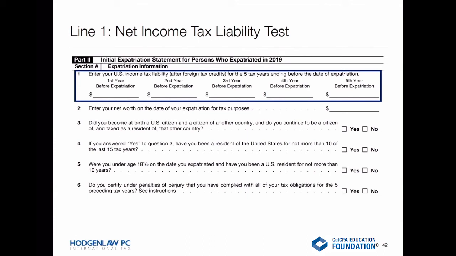It doesn't make you compute the average, but that can be done pretty easily. So if you're putting $200,000 on all 5 of these spaces on the form, then obviously you're showing the IRS that you did not meet the income tax liability test, so that you're going to be a covered expatriate.